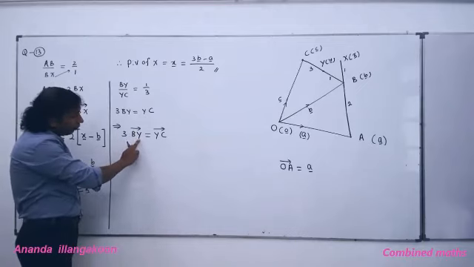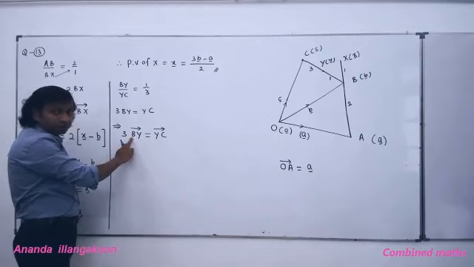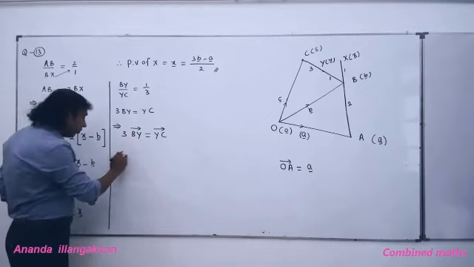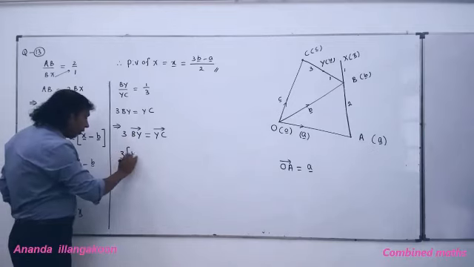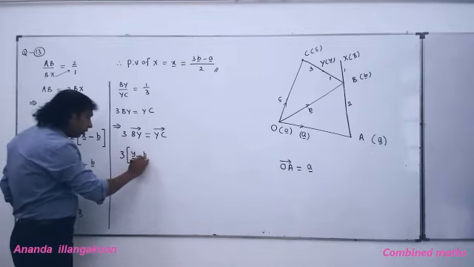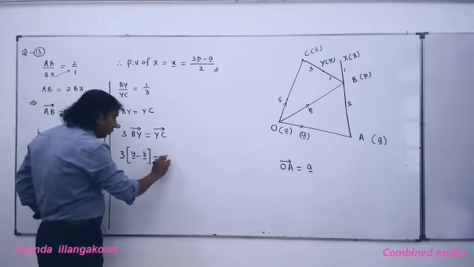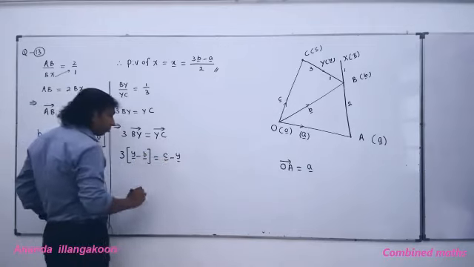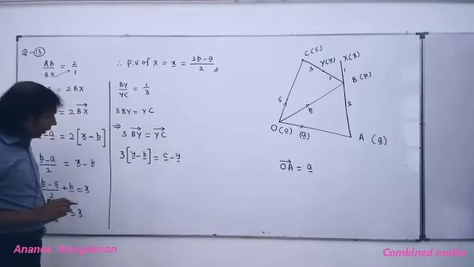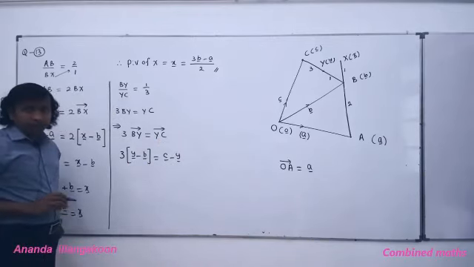How to write this one now? Position vector of the second letter minus position vector of the first letter. Okay. So this is nothing but 3 times (simple y minus simple b) is equal to simple c minus simple y. Okay.